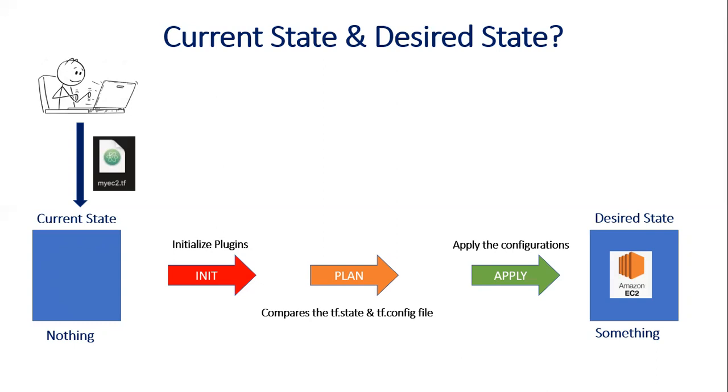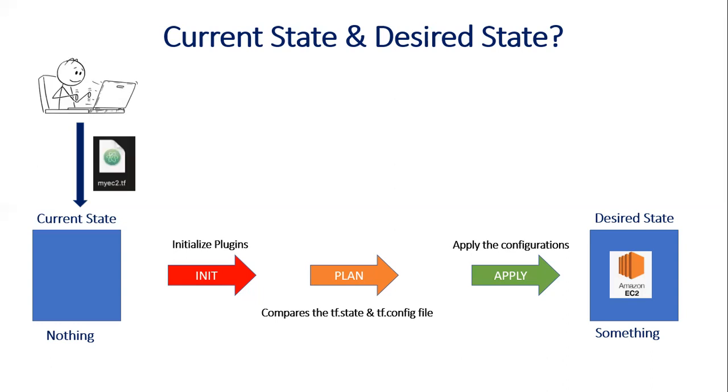And it goes through the phases that Terraform actually goes through, then it goes to the desired state. So I want to walk you through the picture completely, where a user wants to deploy an EC2 instance in an AWS cloud deployment, and he writes code in a Terraform file.